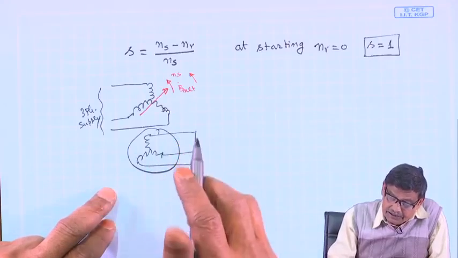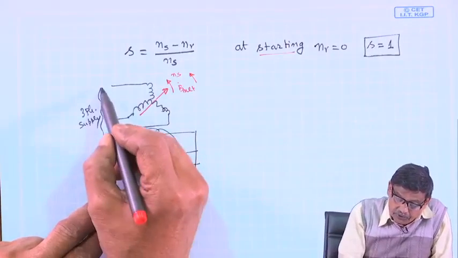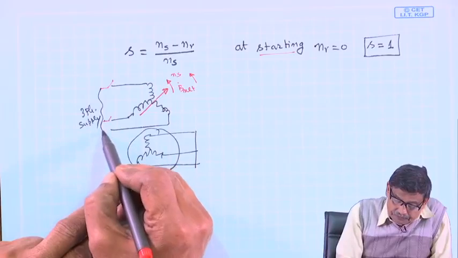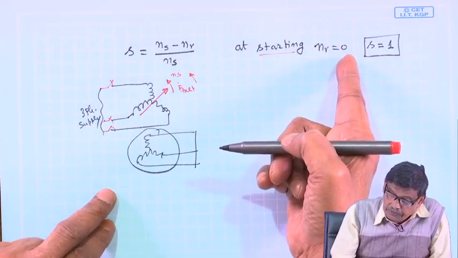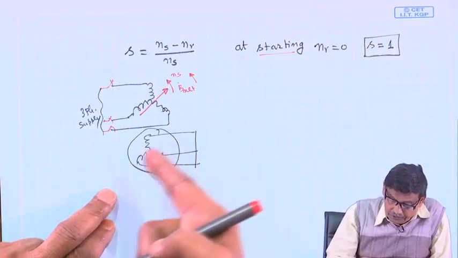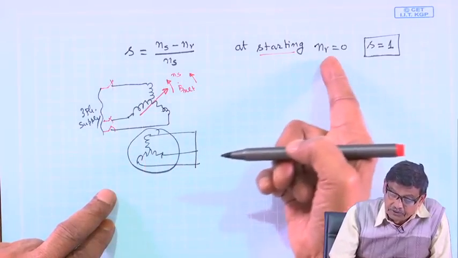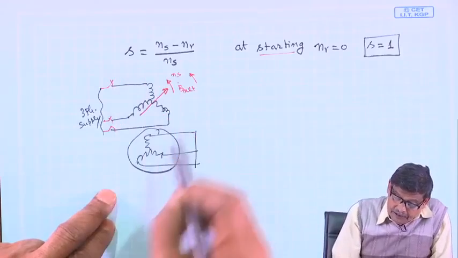So, at the point of starting, when you close this switch, Nr equal to 0, at t equal to 0 plus also speed is 0, that is why Nr equal to 0, and slip is 1.